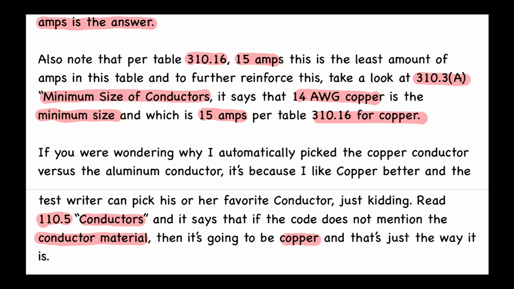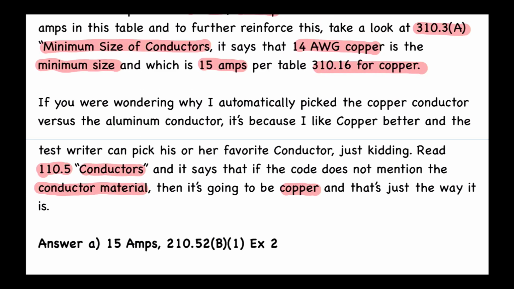The code reference on that is 110.5. That's where you can read what it says about that. All right, so the answer to this question is going to be A, 15 amps, and that's code reference 210.52(B)(1), Exception 2.